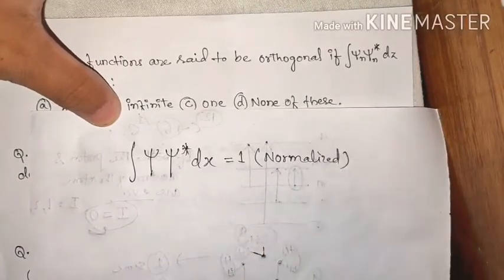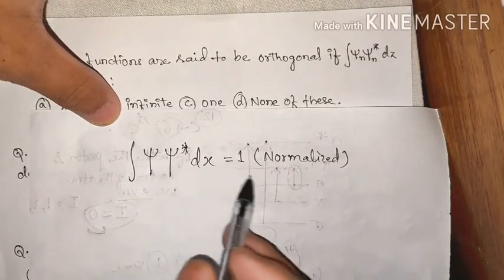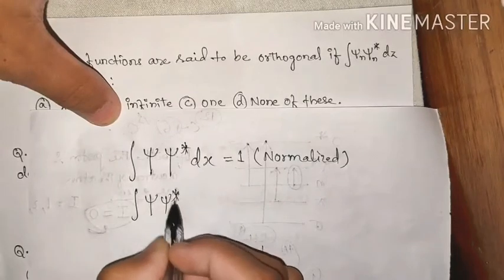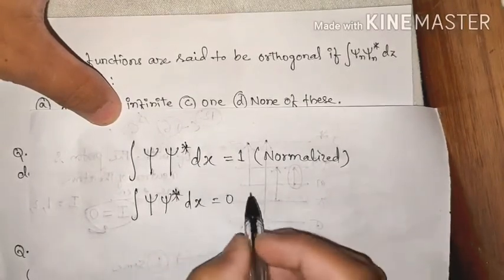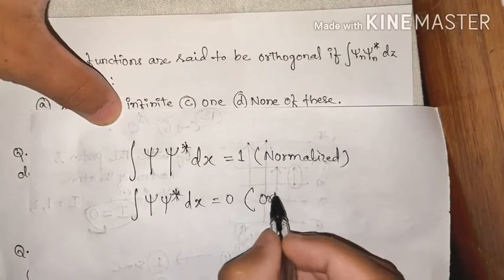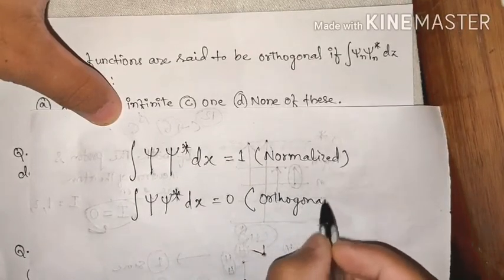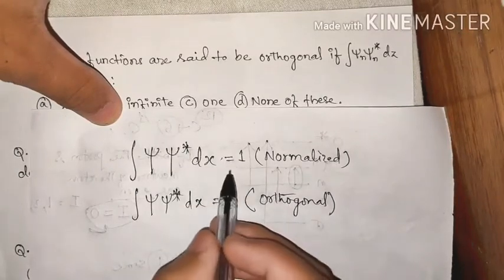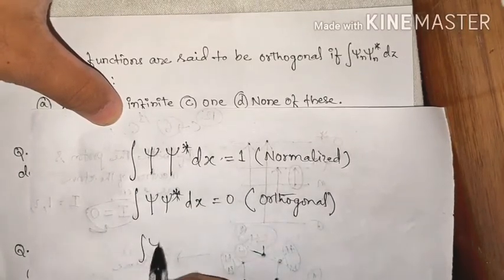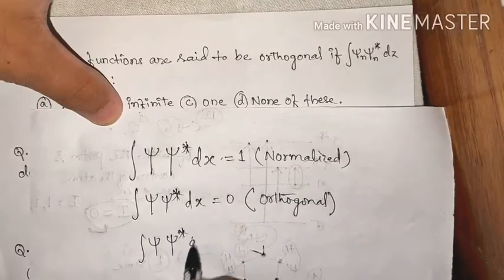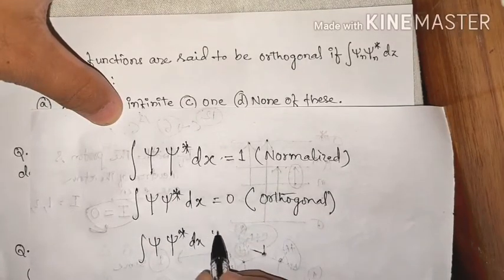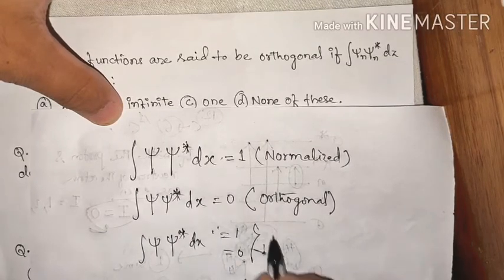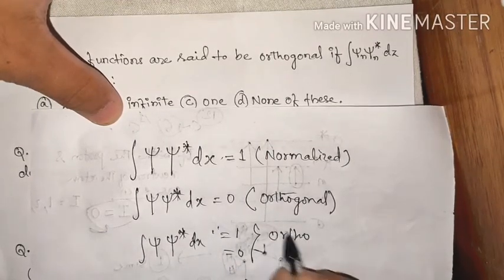Okay, normalized wave function. Then we say that psi is the normalized wave function. If the integral of psi star psi dx is equal to 0, then we call it orthogonal. At the same time, if both conditions are satisfied, then we call it orthonormal.